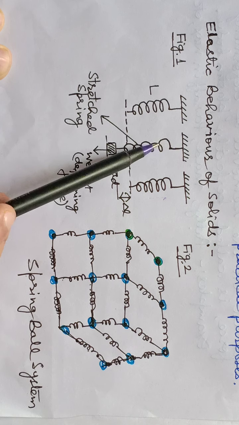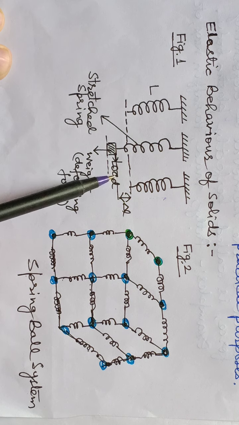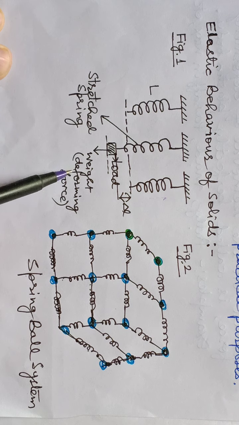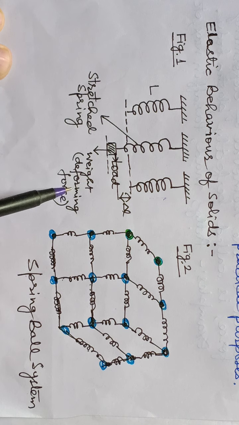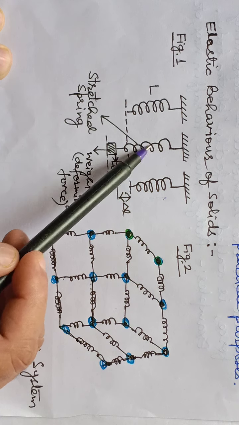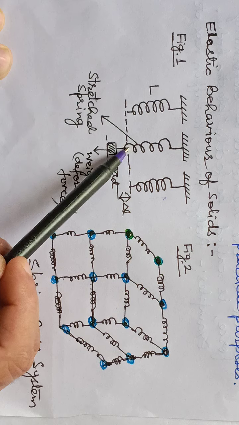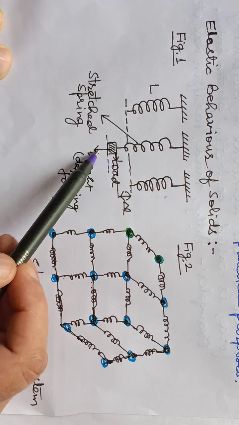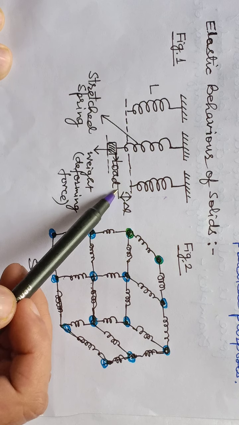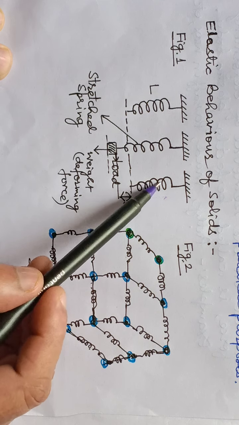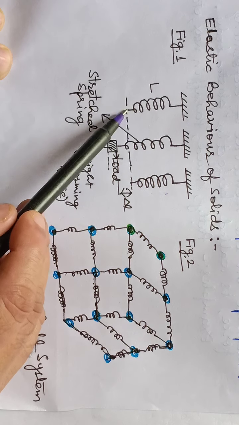Now in the second spring, a load is attached to it, that is a weight, and it is a deforming force. Why is it a deforming force? Because it is increasing the length of the spring. Now when this load is removed, again we notice from our common experience that the spring regains its original position.